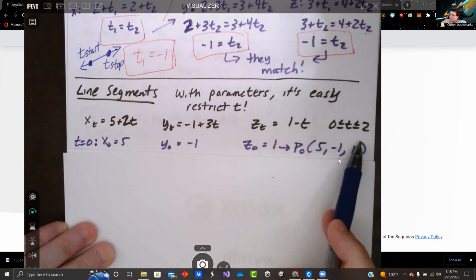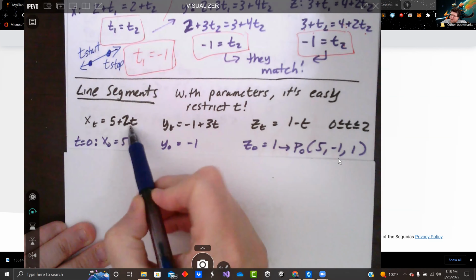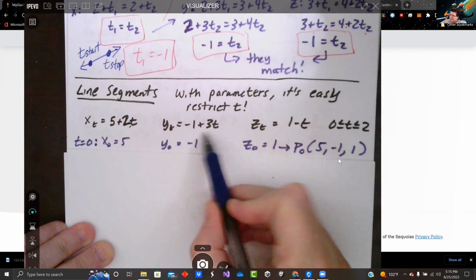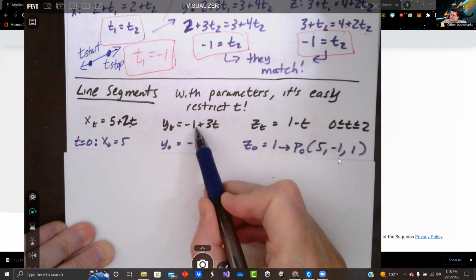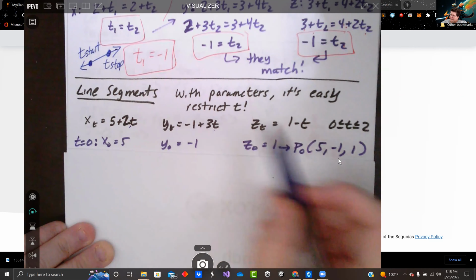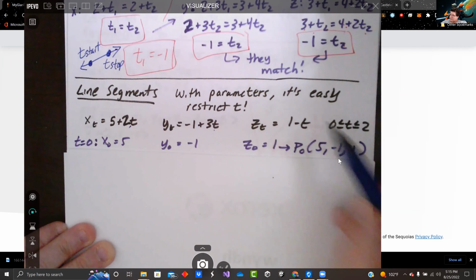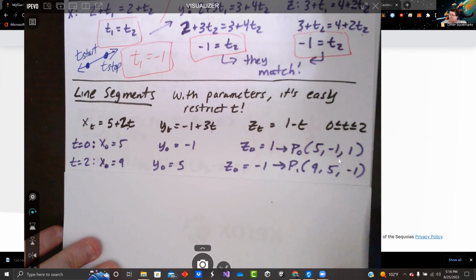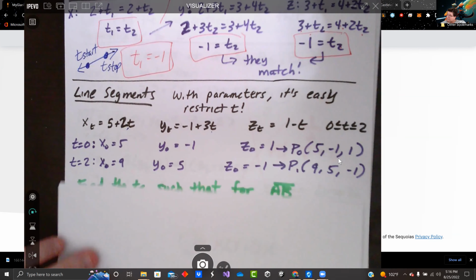If we plug in 2, 5 plus 2 times 2 is 9. -1 plus 3 times 2, this is 6 minus 1 is 5. So I've got 9, 5, and 1 minus 2 is -1. 9, 5, -1. So I have a line segment there.